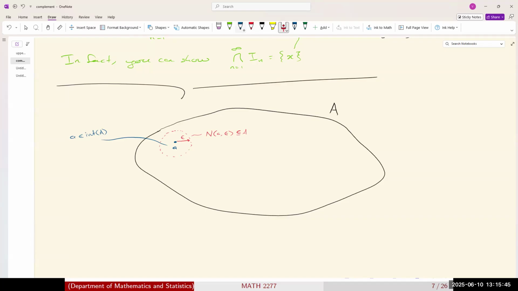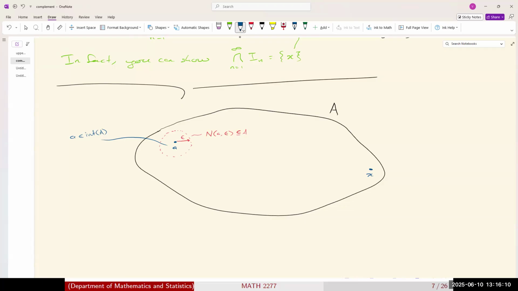For this example, I'm going to put the limit point inside the set, but it doesn't always have to be like this. So I'm going to put the limit point here, x. In this case, the limit point is inside the set, but x could have been on the boundary or something. So what does it mean to be a limit point?